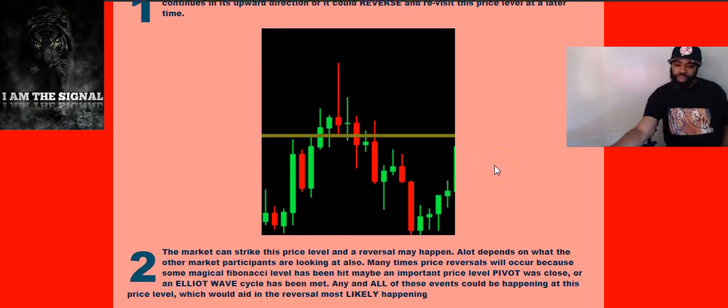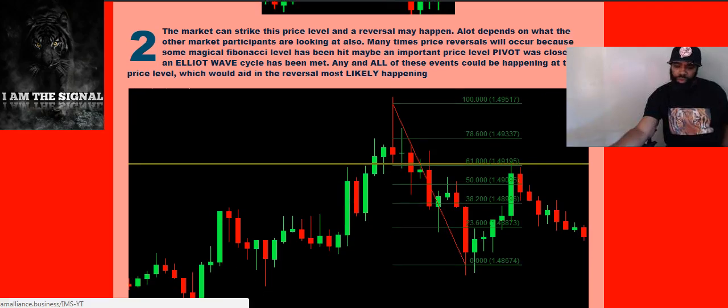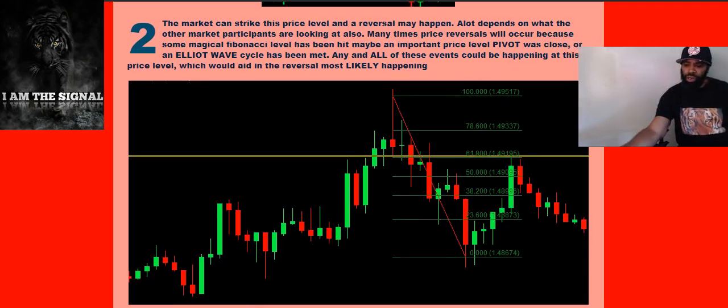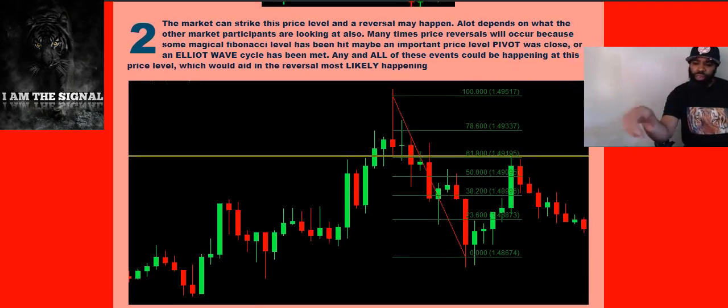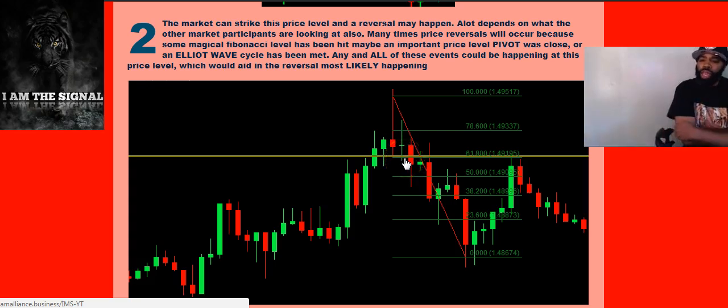All right. The second thing that the market can do, and this is an interesting point for a lot of you guys in Forex that use Fibonacci numbers or any type of numerical way of looking at the waves, sort of like your Elliott wave guys and all those type of people that use those type of magical numbers, I call them, right?